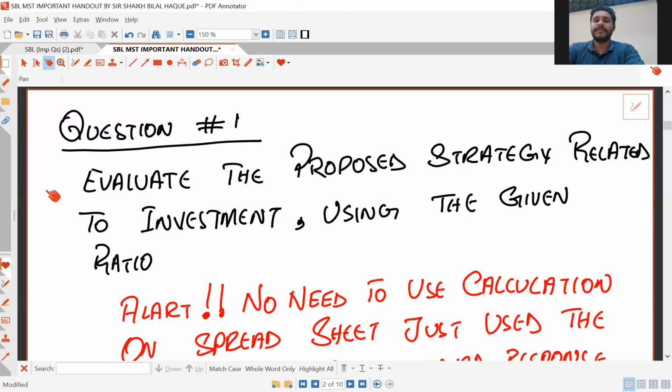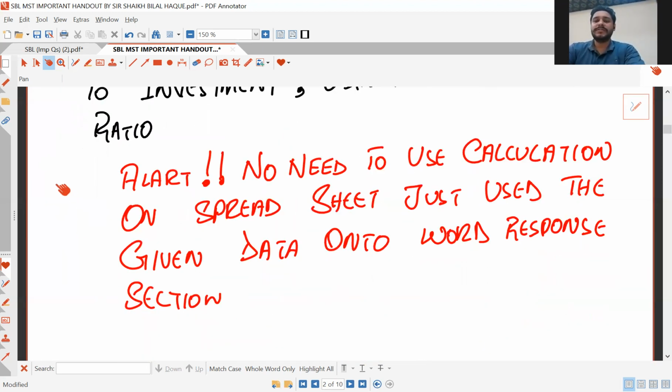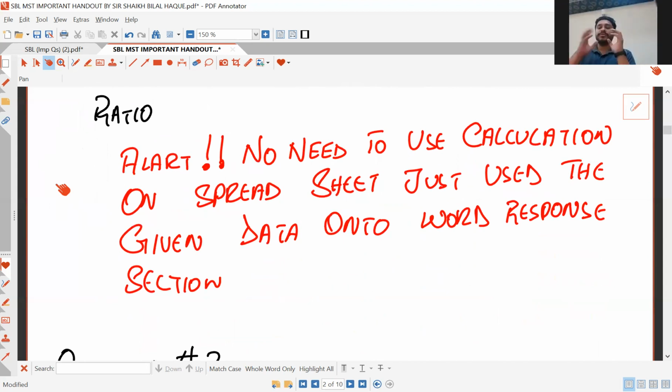If you are being told to evaluate the given strategy using a given ratio, make sure, alert, no need to use the spreadsheet. Just use the given data in the word response section. Just calculate it within your calculators. You do not need to show any form of calculation for the ratios.